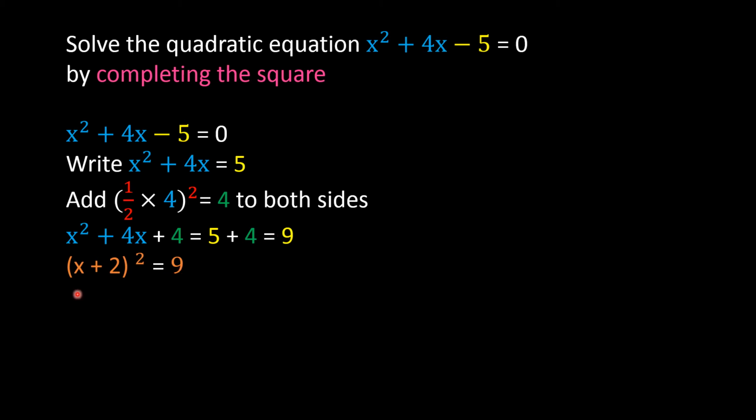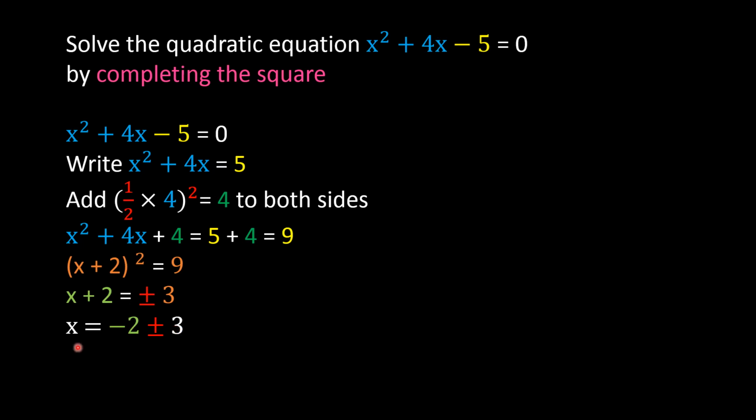Now we will take square root of both sides. Square root of x plus 2 whole square is x plus 2. Square root of 9 is plus and minus 3 because every real number has two square roots. One is plus, the other one is minus. Now we will take this plus 2 on the right hand side, so it will become minus 2 and plus minus 3.